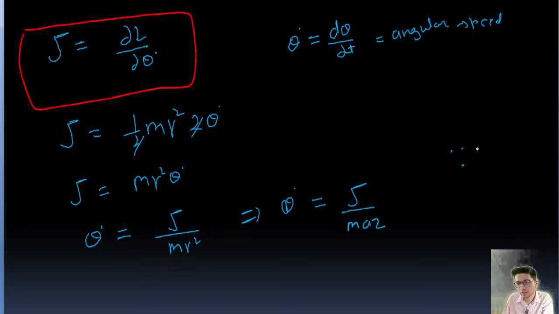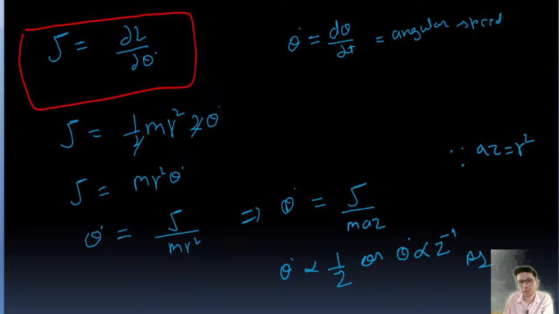From here we can see that the angular speed theta dot is inversely proportional to z, or proportional to z inverse. So this is the answer.